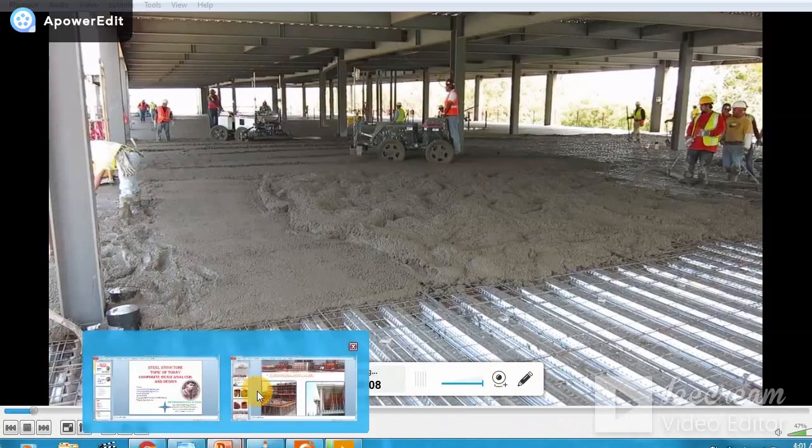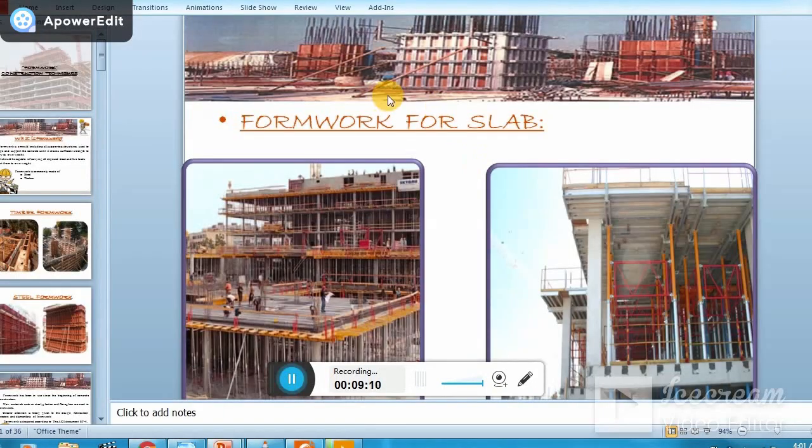Let me show you this, what is shoring. Clear? You see, this is a steel formwork which is provided to the slab. These are steel columns. Clear? And you see these shoring, or you can say these vertical supports.